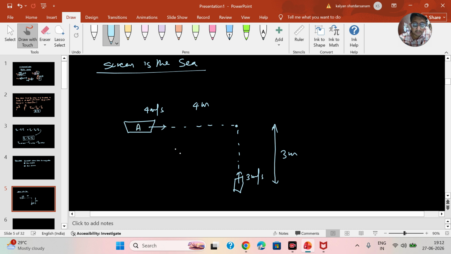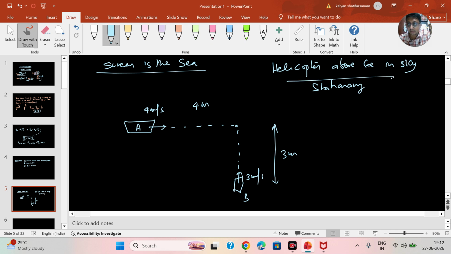Let me call this ship A and this ship B. So these two ships are as shown and they are going. And above the sea in the sky, there is a helicopter, stationary. That helicopter is just hanging in midair. It is not moving.